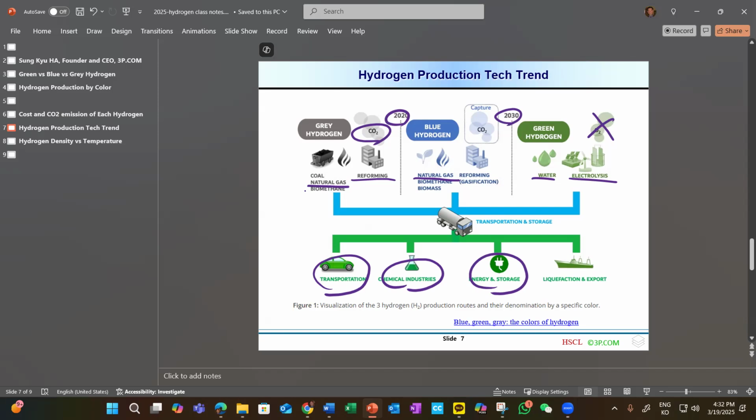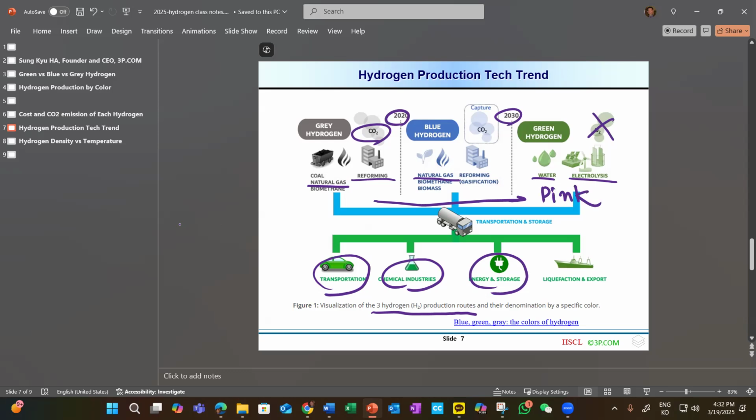So this is a visualization of the three hydrogen production routes and their denominations by specific color. As you can see, we are moving from gray to green. And I also believe that pink hydrogen, which is related to nuclear power, is also very promising.